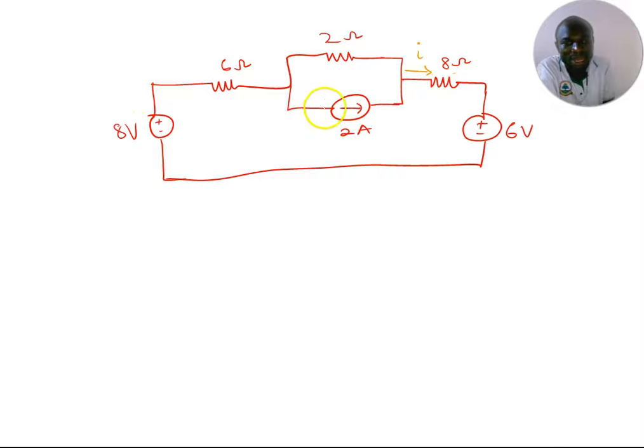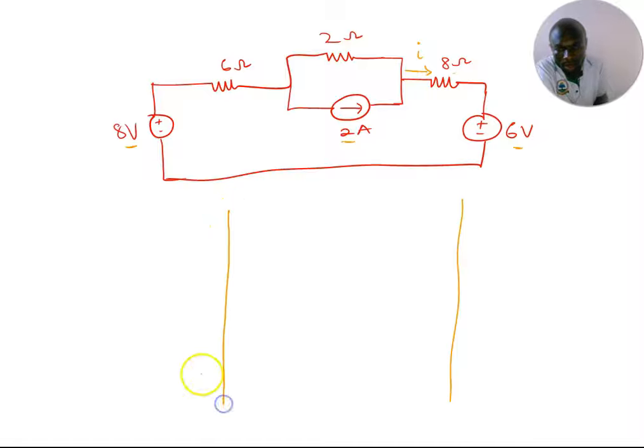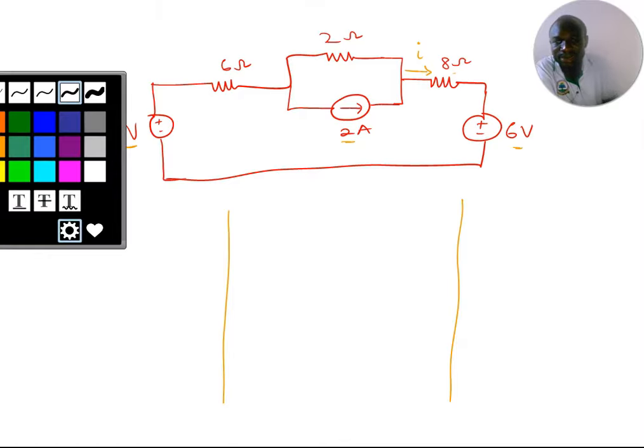So with this one, we have how many active elements? We have 3. We have 8 volts, we have 2 amps, and we have 6 volts. So in that case, we are going to get 3 circuits. Okay, we are going to get 3 separate circuits.